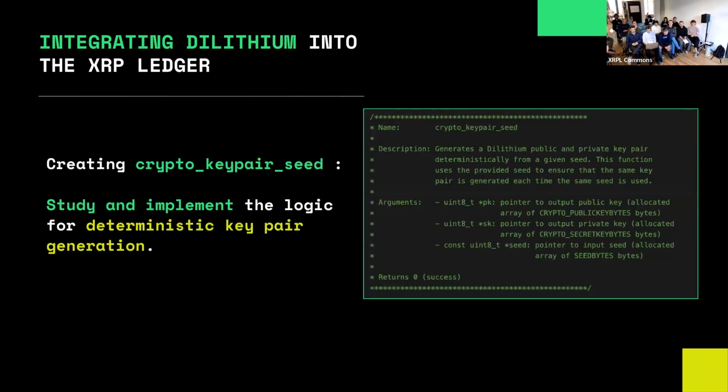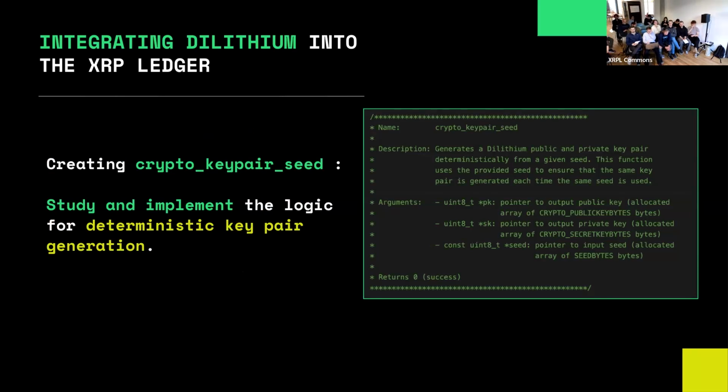So we created that function from scratch and we named it CryptoKeeper. What this would do is generate a key pair in a deterministic way using a reference seed, using a pseudo-random number generator, or PRNG.